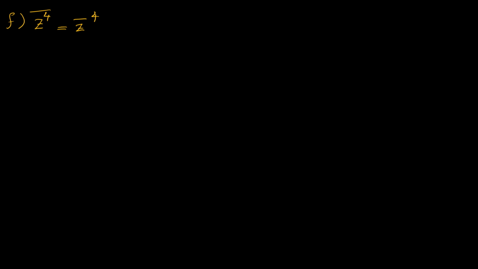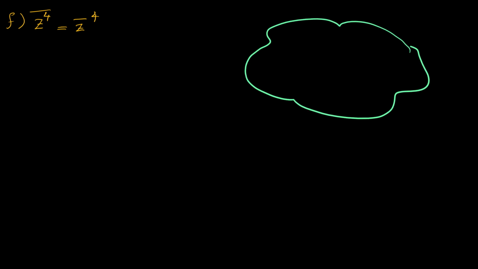Show that the conjugate of Z to the power of 4, which means Z times Z times Z times Z, is the same as Z conjugate to the power of 4. Again, to prove this, you don't need to start from scratch. You can say, we know that for two complex numbers, the conjugate of Z1 times Z2 we can write as Z1 conjugate times Z2 conjugate.